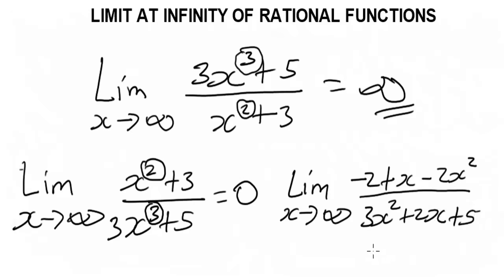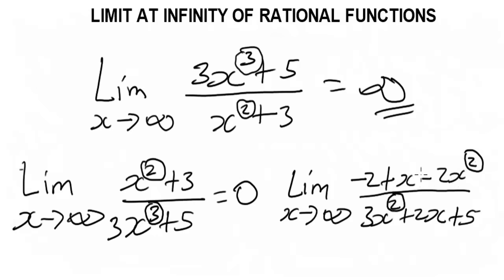Now, whenever you are given a question like this and asked to find the limit of the function at infinity, you check if both powers are the same. The limit of that function will be the ratio of the coefficients. If you check this question, the highest power of the numerator is 2, which is this 2. The highest power of the denominator is also 2, this 2 here.